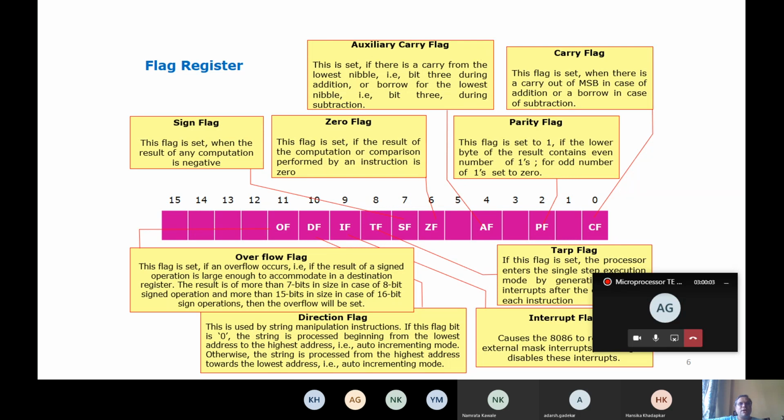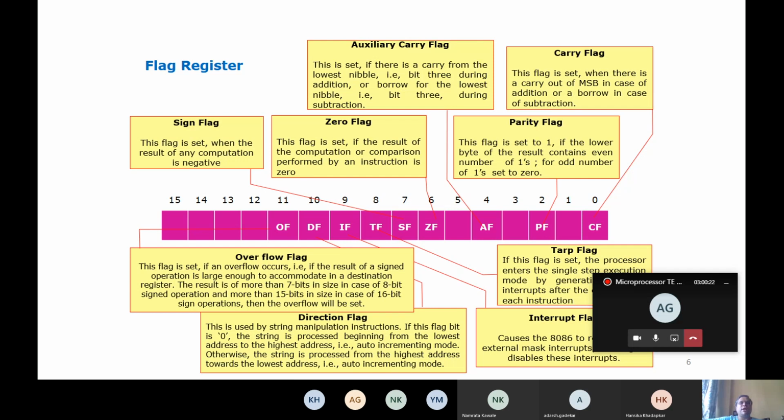Are you getting it? Carry flag: when I add two 8-bit numbers and the 8th bit forwards a carry, it is considered as carry, not overflow. But if I am performing arithmetic on 8-bit numbers and the 7th bit addition forwards a carry, then it is called overflow.